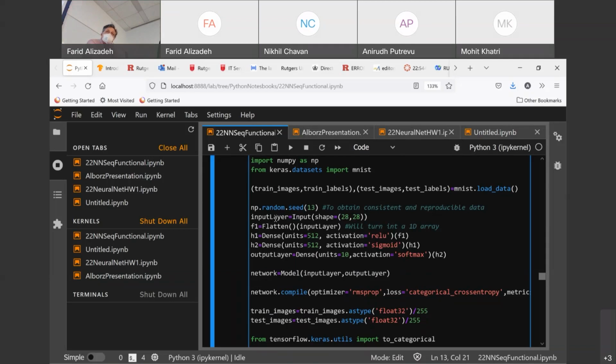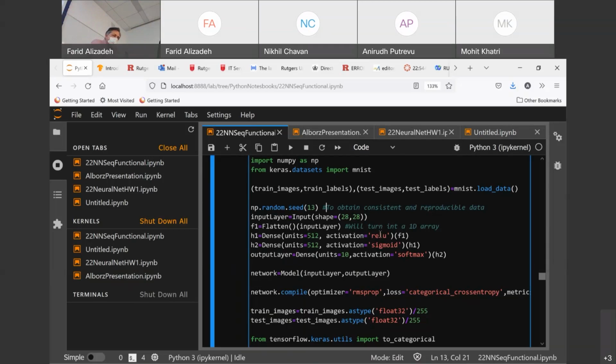That's why you have to give a name to these layers. You could write it in an ugly form, like Flatten(), and then instead of the input layer, put Input of shape and so on, but it's a little bit ugly.